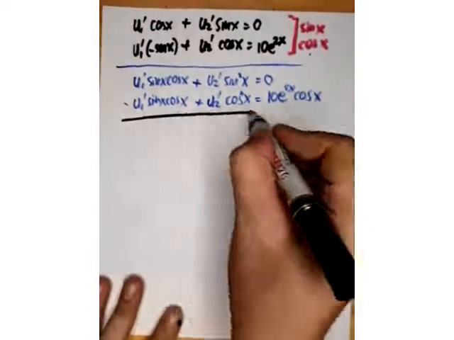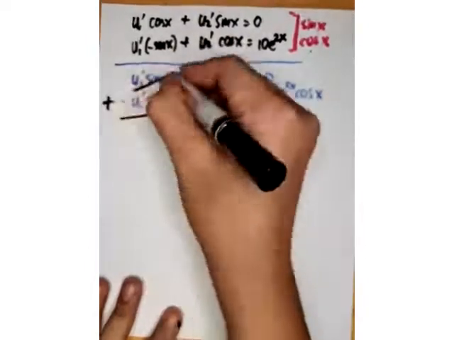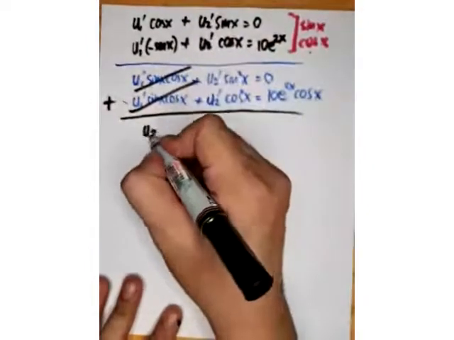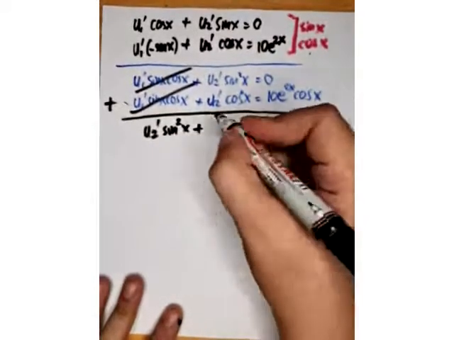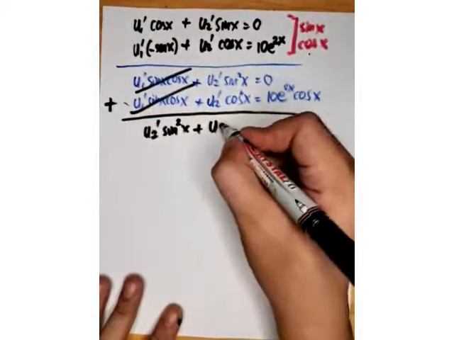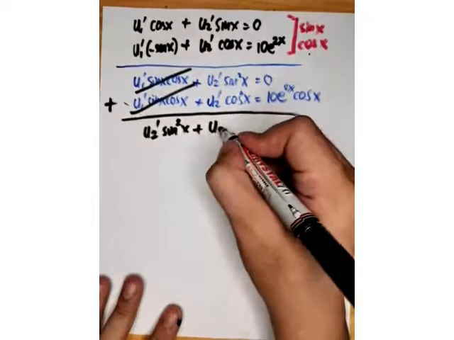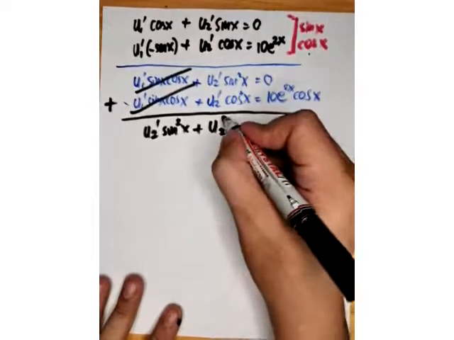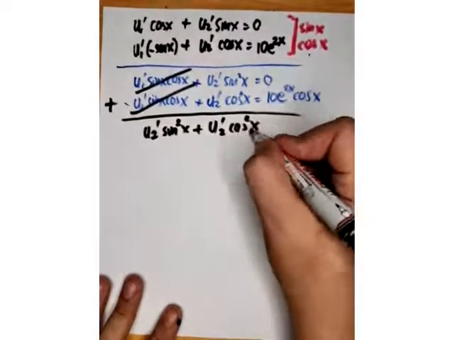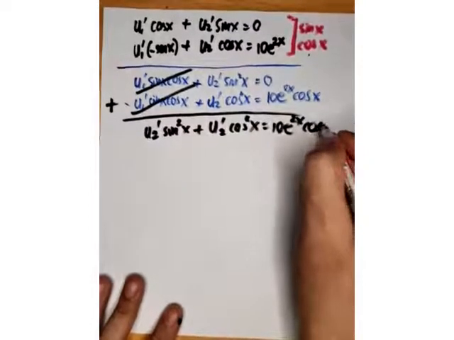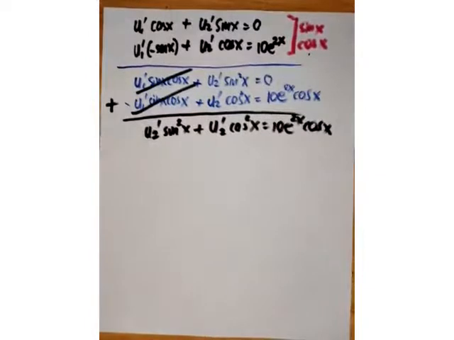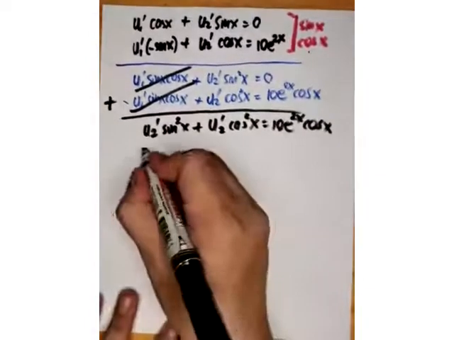Okay, so let's add, so cancel. So I'll have u2 prime sine squared x plus u2 prime cosine squared x is equal to 10 e raised to 2x cosine x. Okay, let's factor out u2 prime.